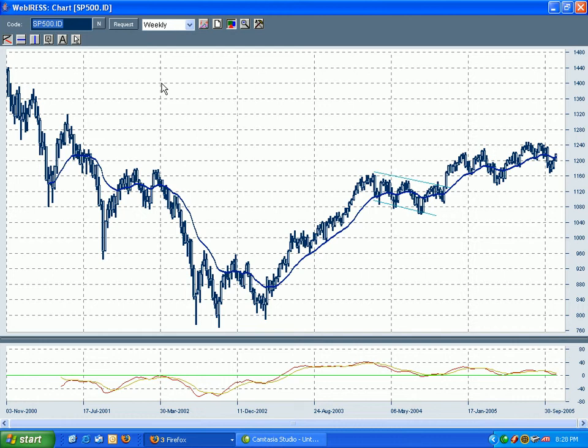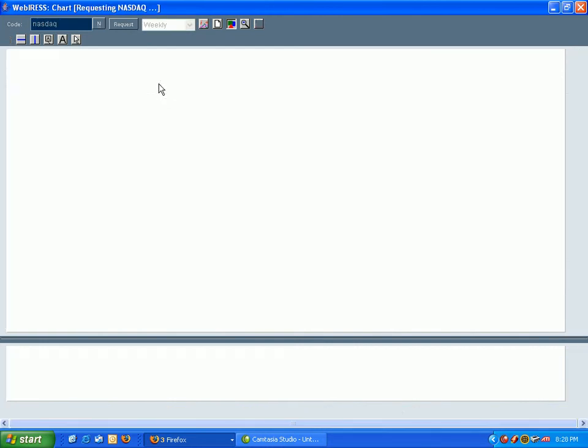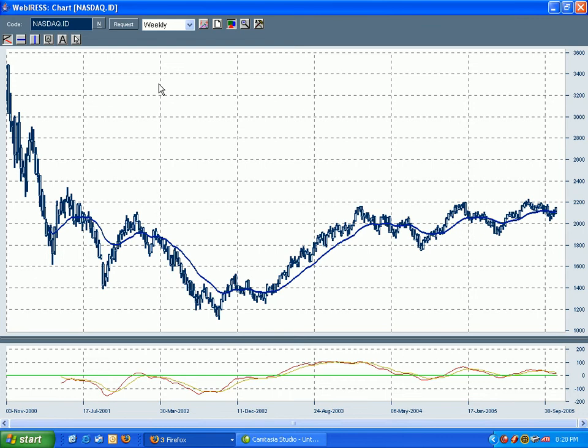Okay, let's also take a look at the Nasdaq and see how effective the 20 period exponential was there. You can see when the market was in a downtrend, price pulled away and snapped back to retest it, moved above it, snapped back to retest it, moved beneath it, snapped back, and this time it acted as resistance. And in this downtrend, every time price touched it, it would act as resistance.